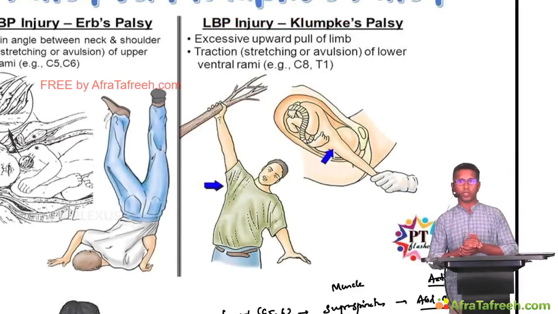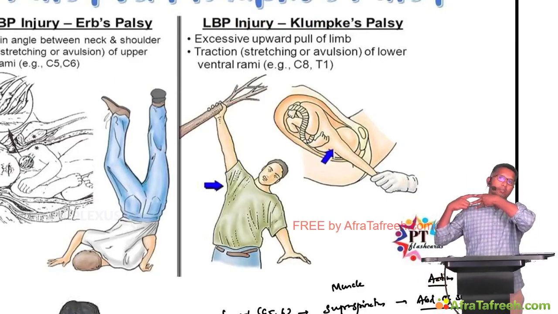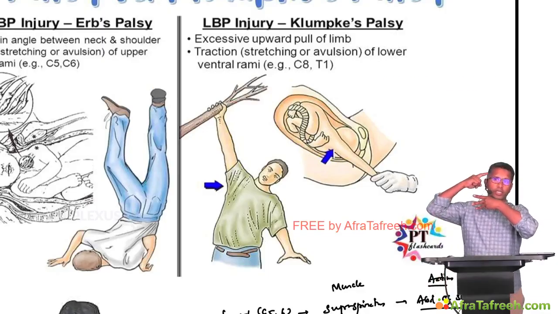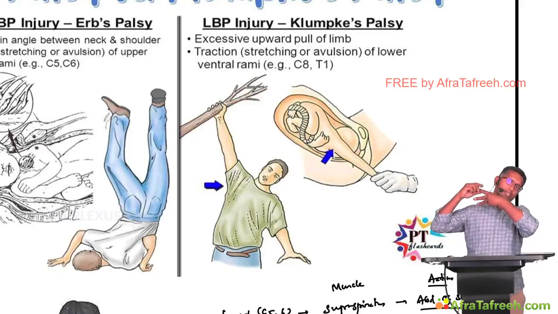As I already told you, there are three trunks: the upper trunk, the middle trunk, and the lower trunk. When the angle between the head and the shoulder increases, the upper trunk is injured.